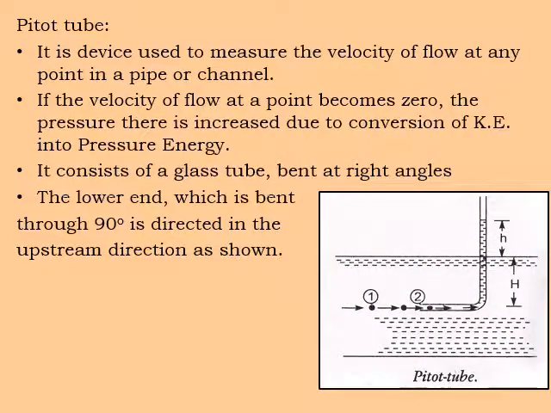You see in this figure, this is a pitot tube inserted through a pipe, and this glass tube is bent at a right angle, that is 90 degrees, and the 90 degree bent tube is inserted towards the upstream of the fluid flow.